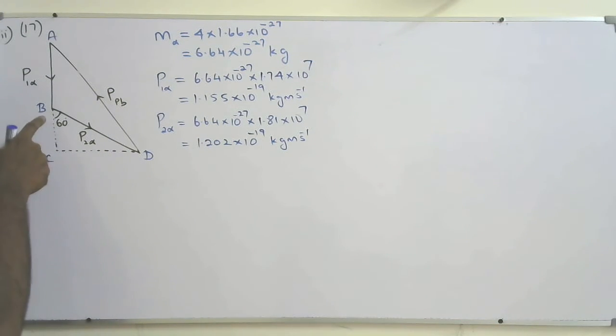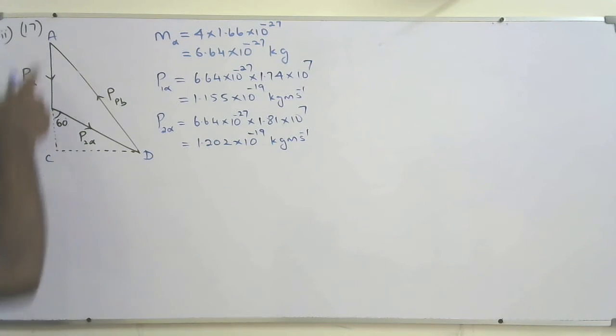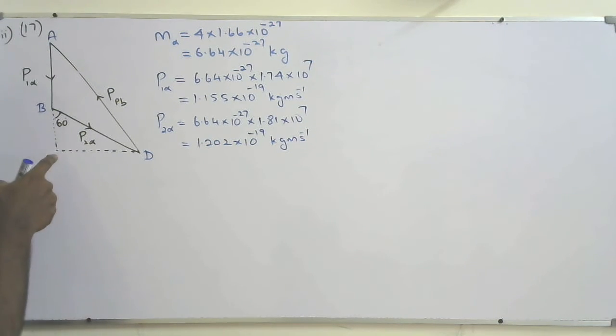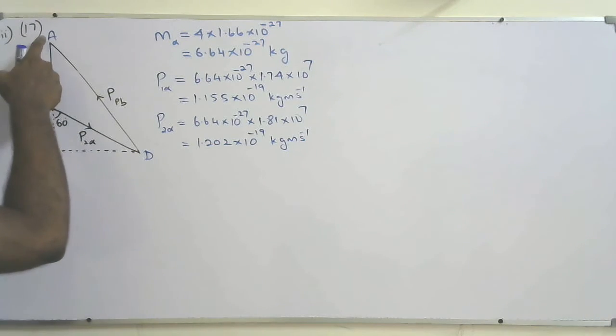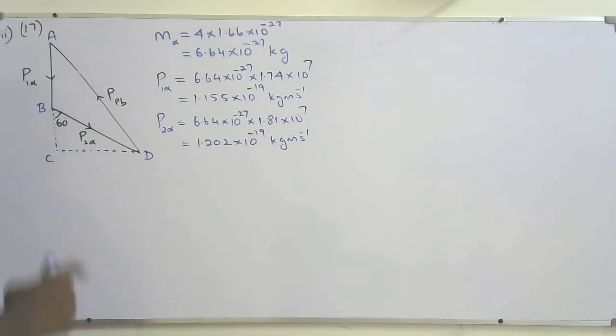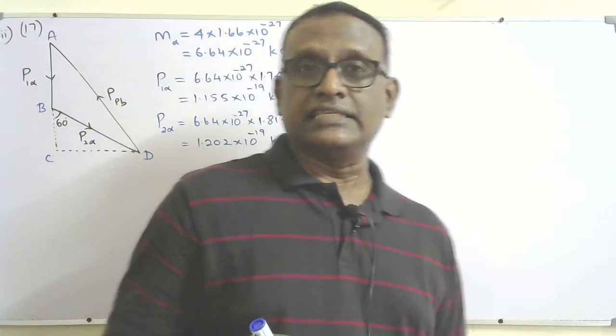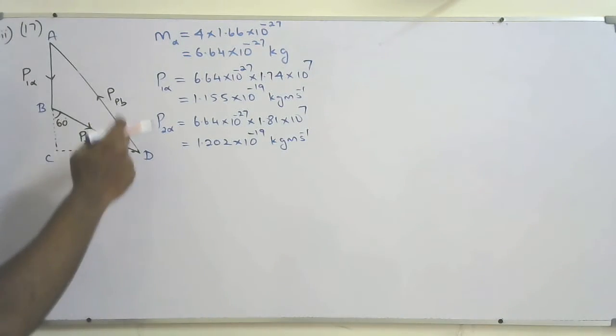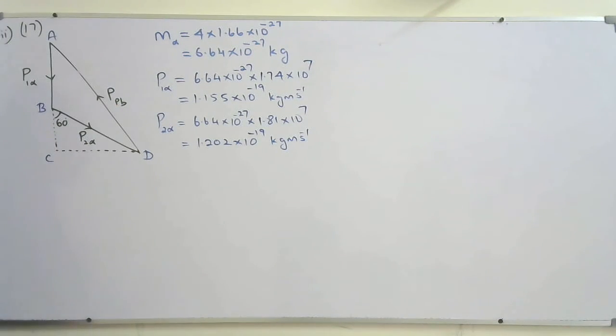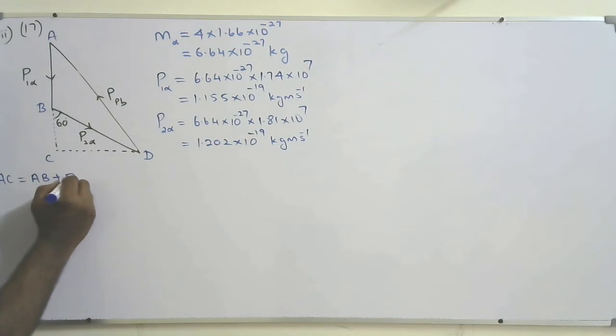If I find the length AC, that is AB plus BC, and then find the CD for the triangle ACD, I can use Pythagoras theorem and find the length AD, that will be the momentum of Pb. So I'll find the BC in this triangle. That's the horizontal component of the second alpha. AC is equal to AB plus BC.